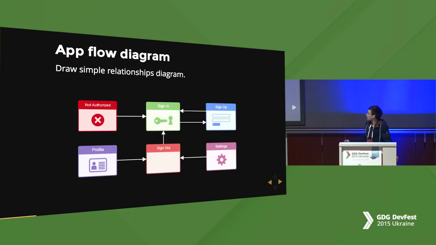Also, from settings and profile, we can press sign out, and it will lead us to this sign-in screen. And whenever we have some background call and we get an unauthorized response, we try to invalidate the token, and if it fails again, we will go to the sign-in screen again. So, yeah, this sign-in screen is actually necessary.